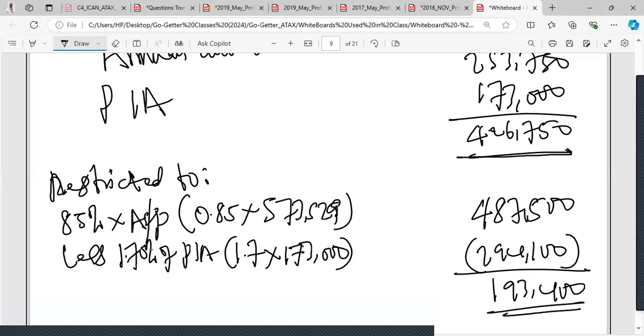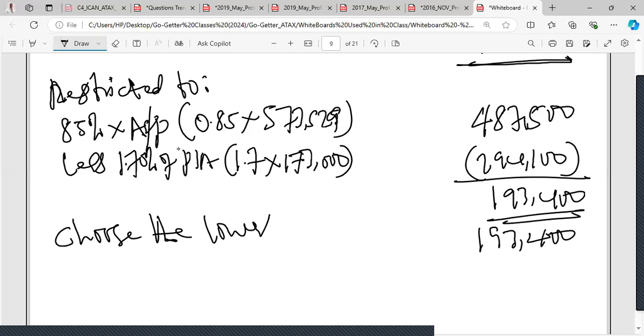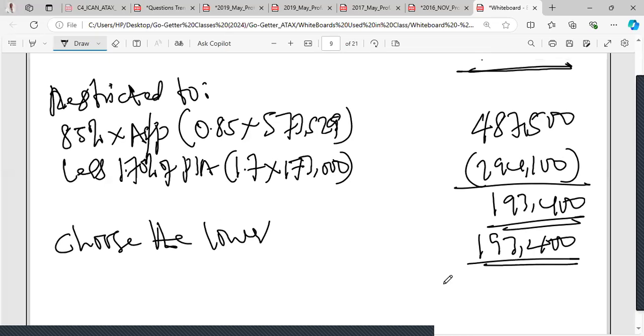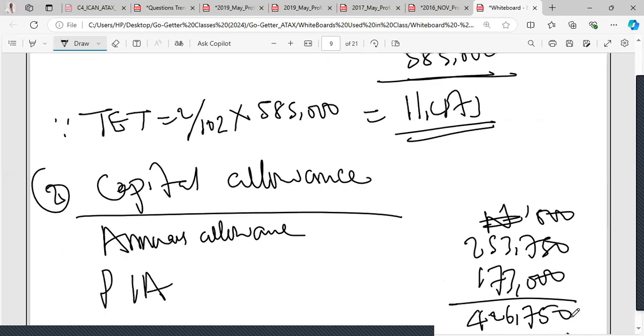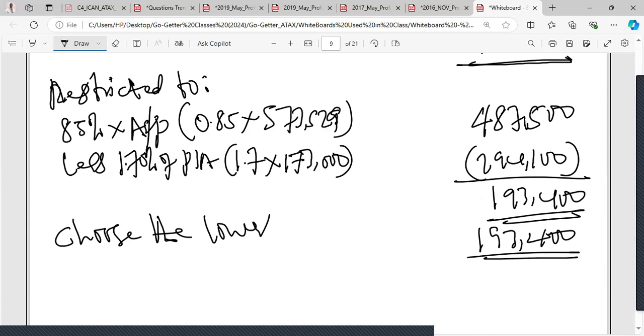So I will choose the lower, 193,400. You know, in the previous example, this capital allowance was the lowest of the two, but now in this example, this is the lower one.